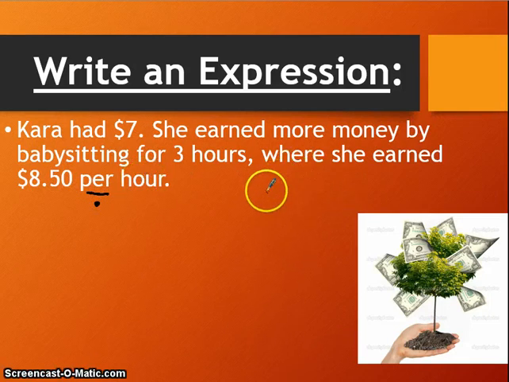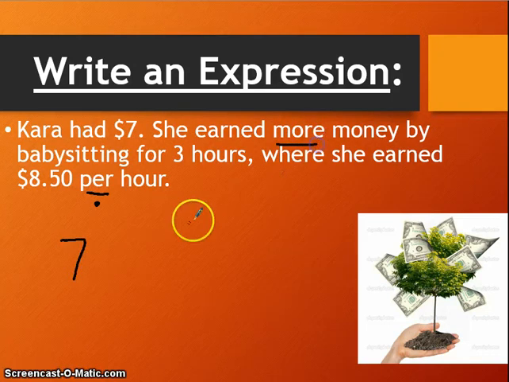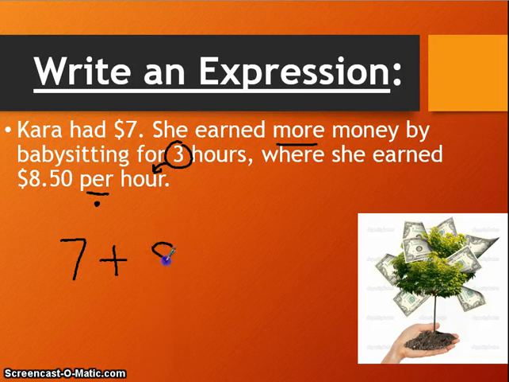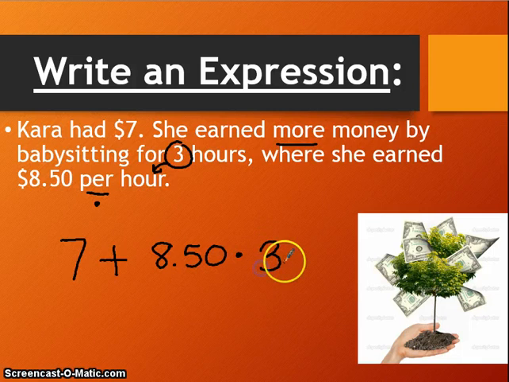Now, we don't know how much money she earned in all, but we could write a numeric expression to figure that out. She had $7. She earned more, which means to add more money, by babysitting for 3 hours. 3 hours is going to go here, where she earned $8.50 per, which means multiply, hour, which is 3.